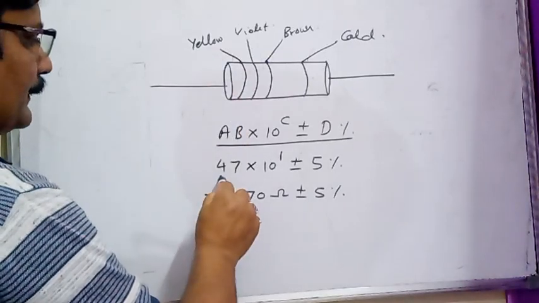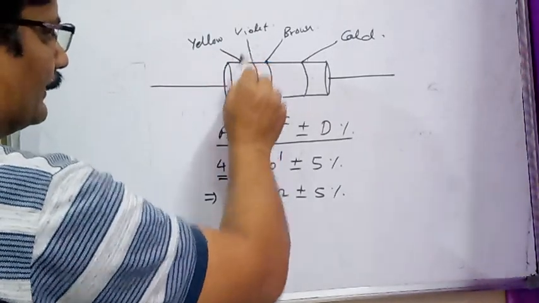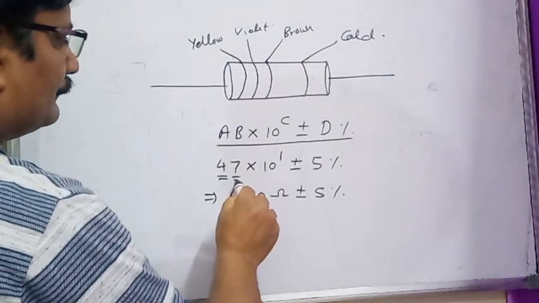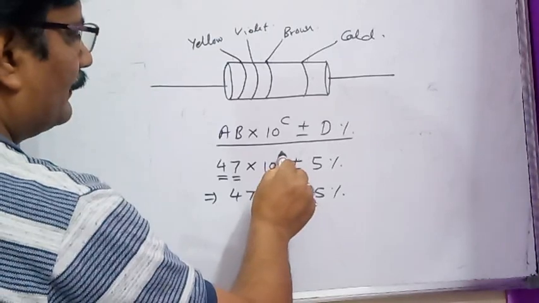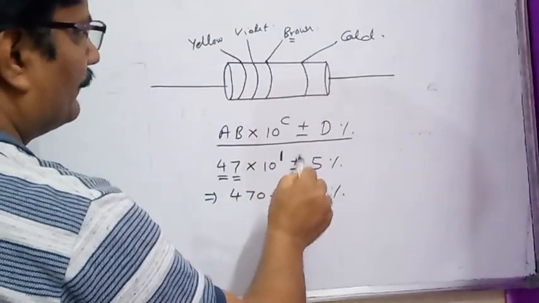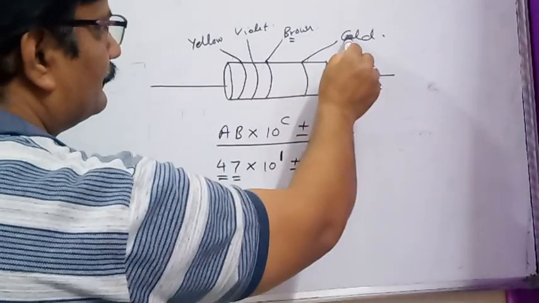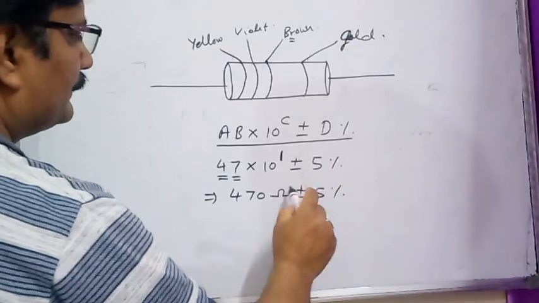Yellow, that is the first significant figure, has value 4. Violet, the second figure, is 7. So 47 into 10 to power 1, where 1 is brown. Plus or minus gold, this is golden color, plus or minus 5%.